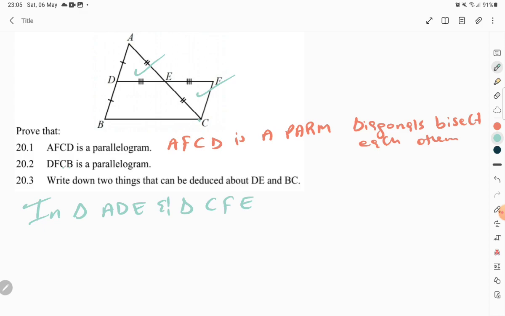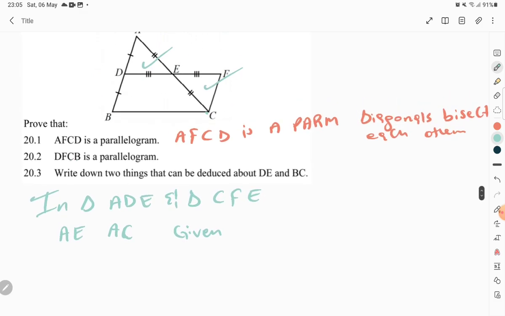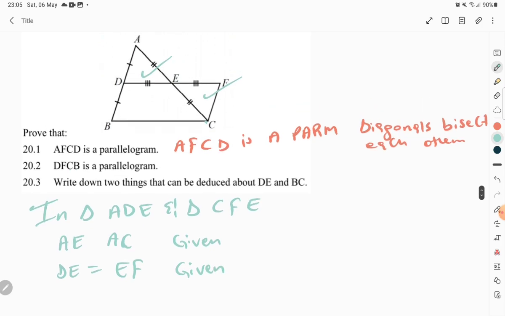So angle side, okay, side one: side EA is equal to AC, and the reason is given, right? So we also have DE being equal to EF, and the reason for that is it's given. And angle AED is equal to angle CEF, and the reason is vertically opposite angles, right?